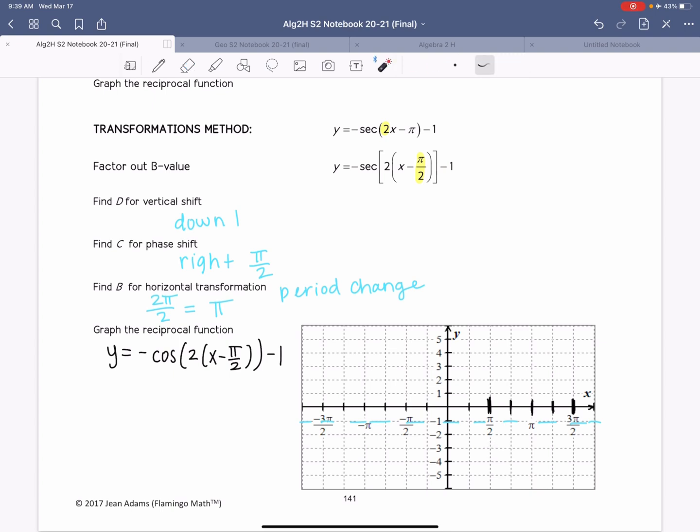Sorry, there's no vertical stretch or shrink on this. So we're actually starting down 1. There we go. And then we'll go back to the 0, up 1, back to the 0, down 1, back to the 0. Continue this pattern.